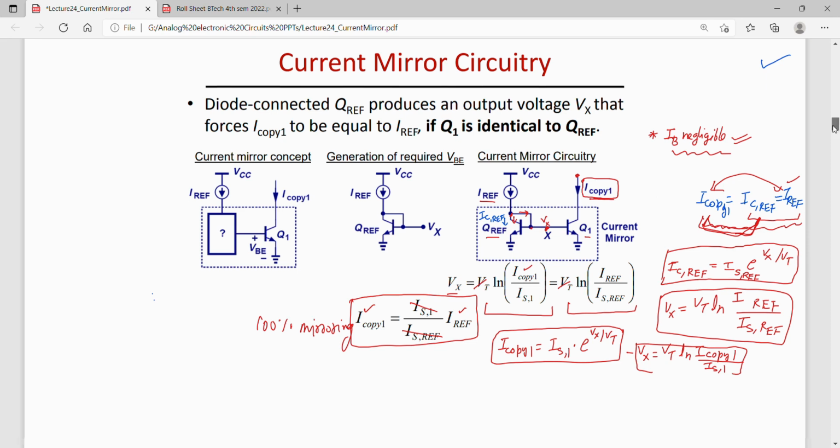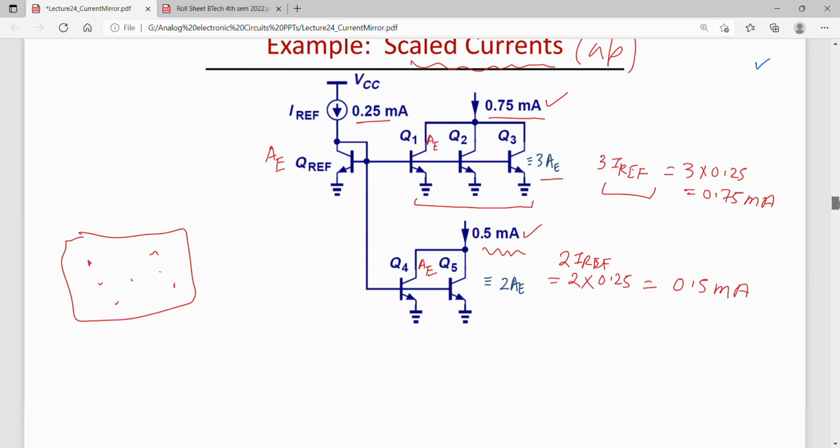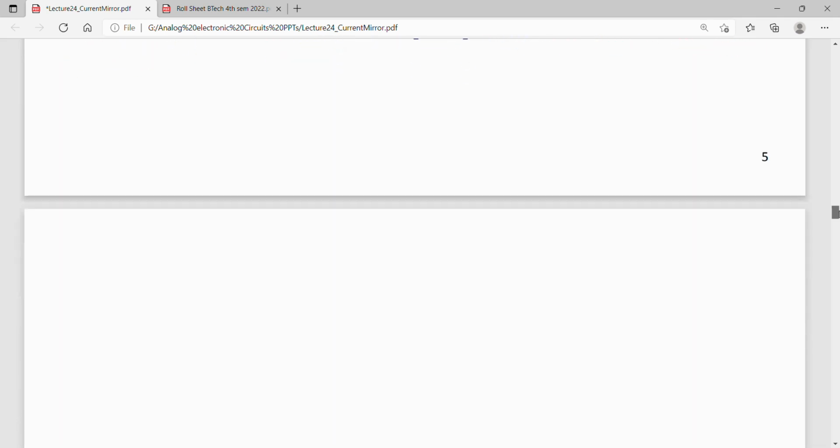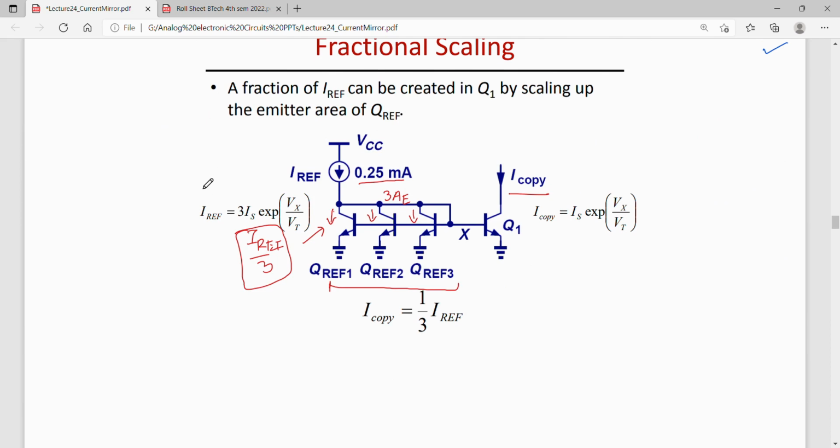But in this case, let us go back here. In this case, there are three reference transistors, so each is drawing I ref by 3. So I copy will be equal to the current drawn by each transistor, not equal to I ref here.